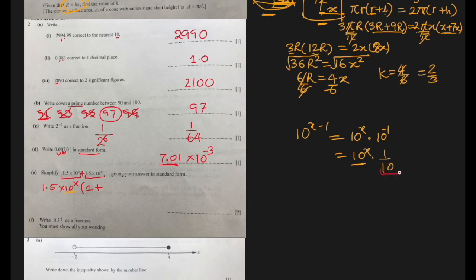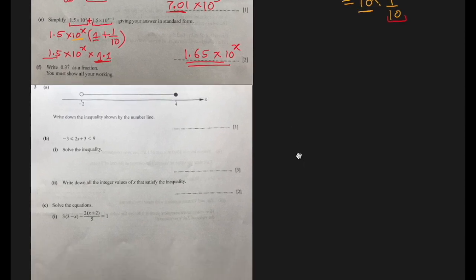We should write 1 over 10, which is 0.1. So it becomes 1.5 times 10 to the power x times 1 plus 0.1, which is 1.1. And let's multiply these two numbers. 1.5 times 1.1 is 1.65, times 10 to the power x. This is the simpler form.